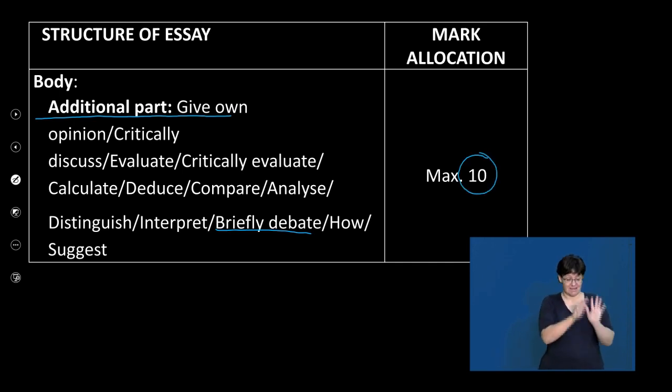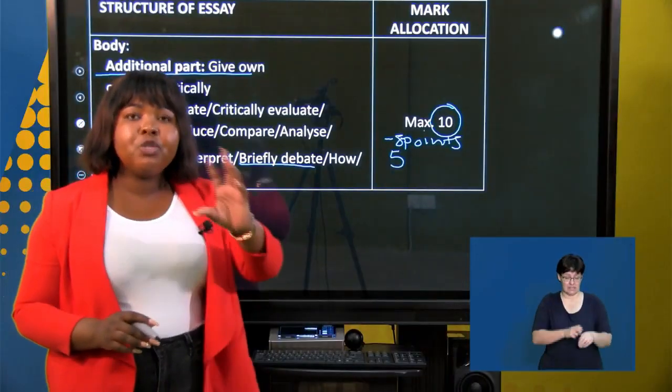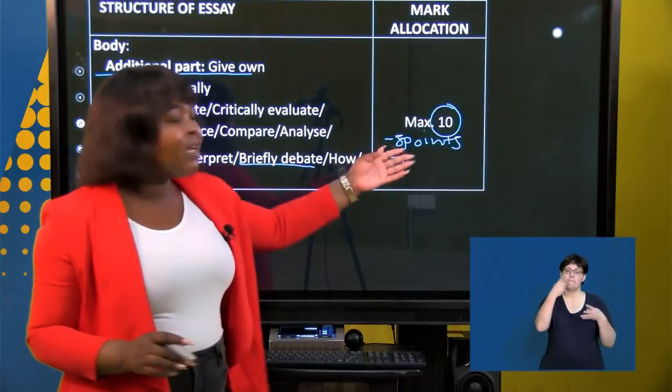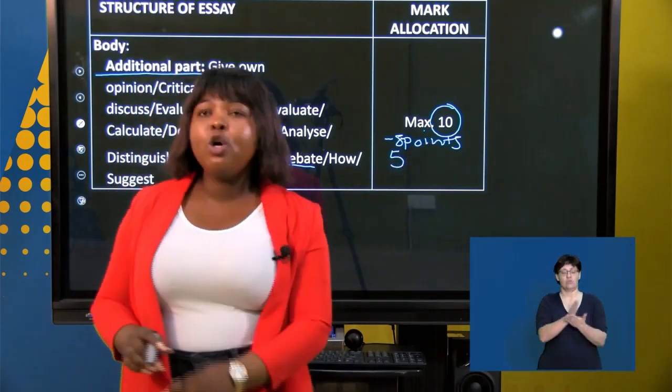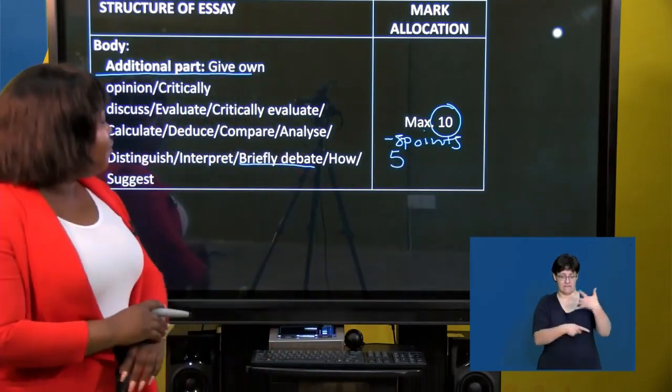Of the 10 marks, you need to give at least 5 points here. Remember, I said write in point form. That is the minimum that you need to have, because normally we mark at least 2 marks per point. So to get the 10, make sure you give the 5 points.